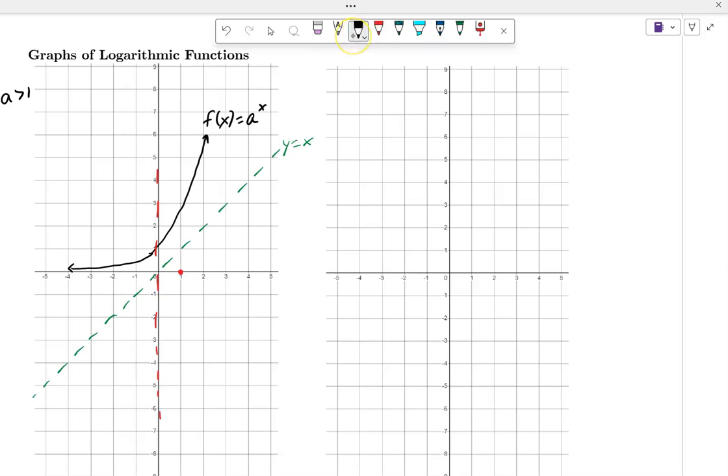And now I can draw my graph. Again, it should be a mirror image. So it'll go up and to the right like this, but more slowly. So this is your, I guess I should have drawn it in red, but that's okay. This is your inverse function. I'll write it as g of x equals log base A of x.